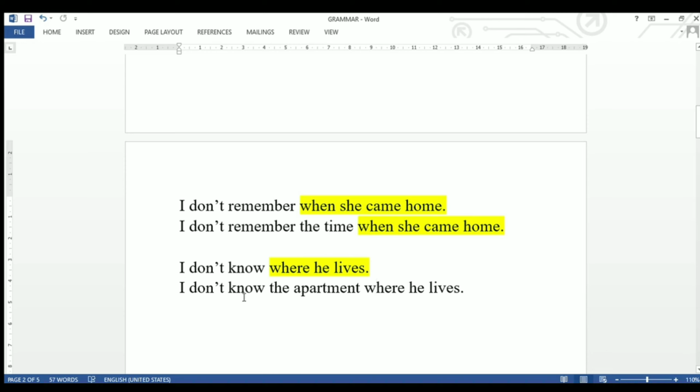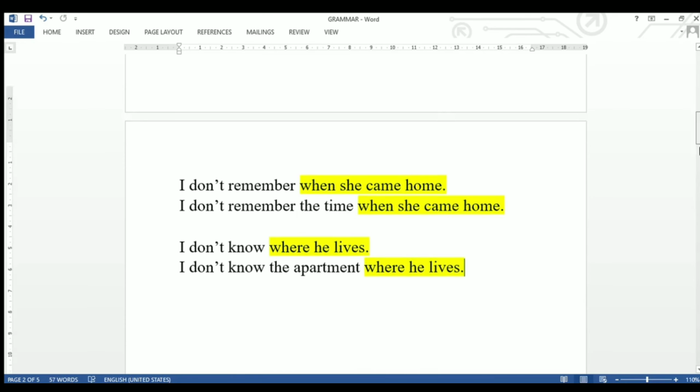Know is the verb and the apartment is the object of the verb know. That's right. And where he lives, right here, is an adjective clause which modifies the object the apartment. Okay, good job guys.